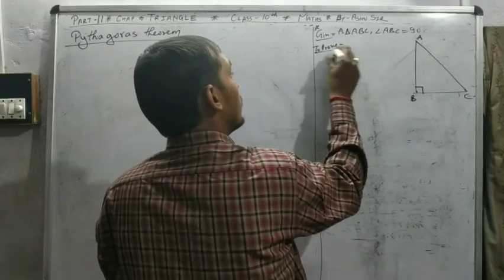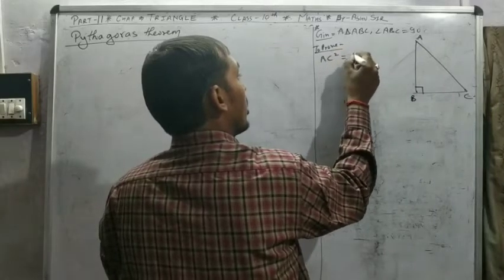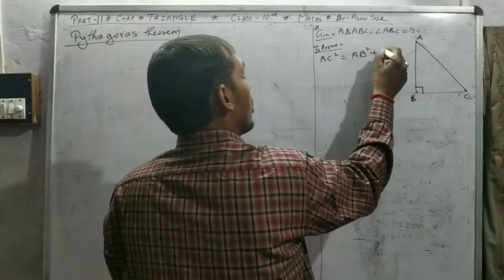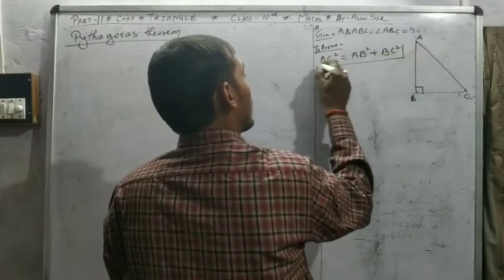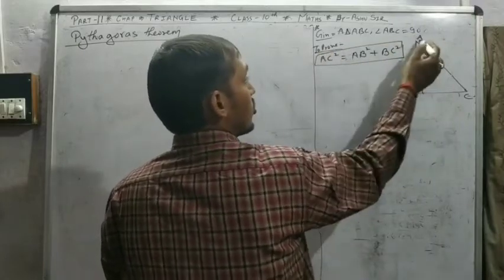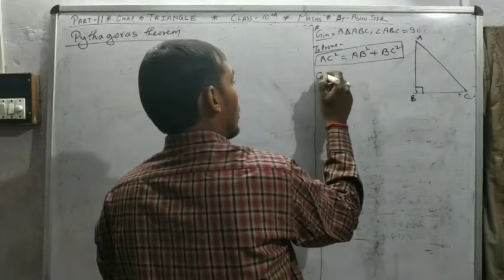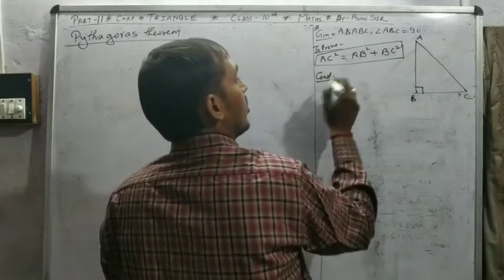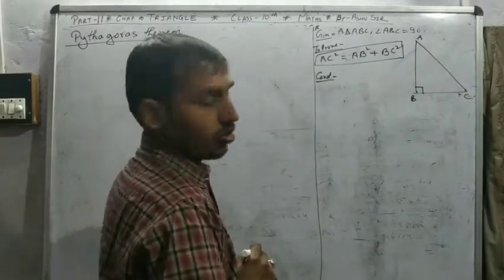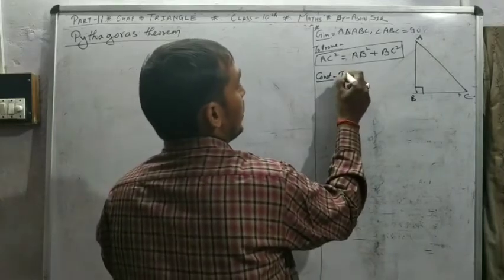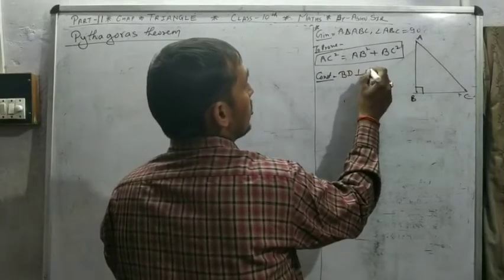To prove: AC squared is equal to AB squared plus BC squared. Hypotenuse squared is equal to the sum of the squares of the remaining sides. Construction, because without construction no theorem is done. So draw BD perpendicular to AC.